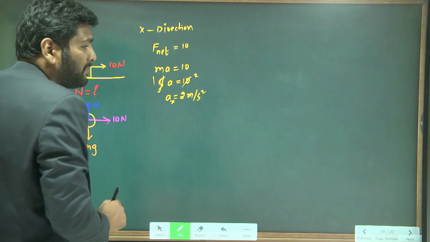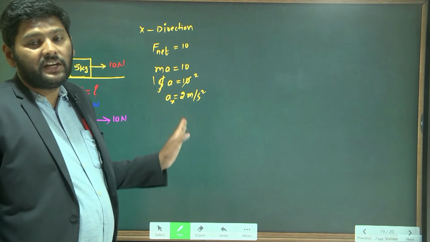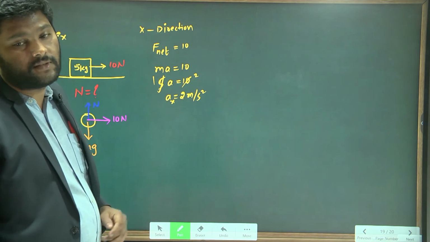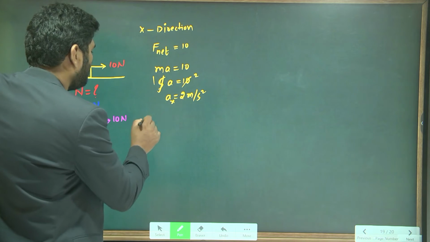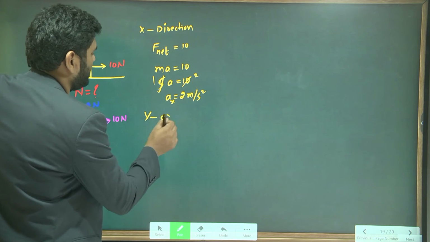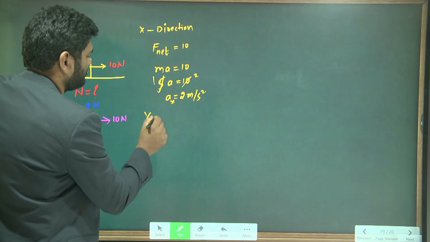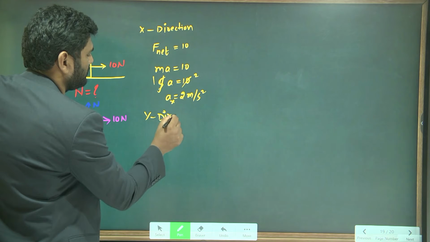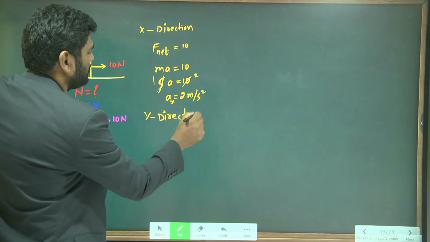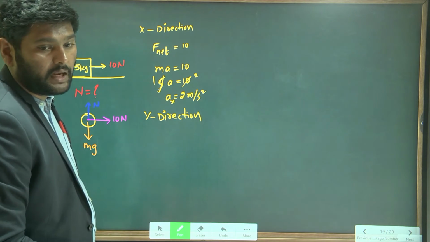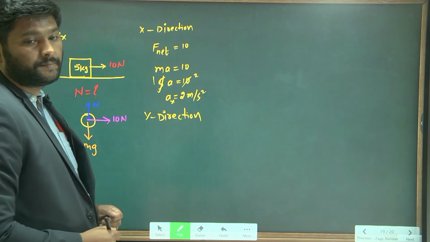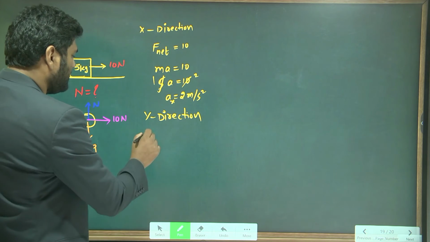To find the normal reaction, in which direction do we have to see the net force? Yes, the y direction. Tell me, along the y direction, 2 forces. What is the net force?